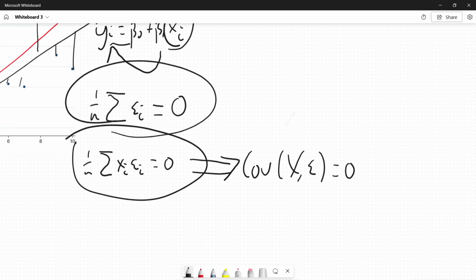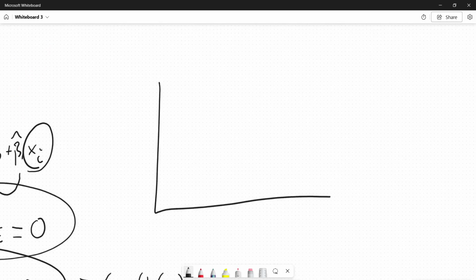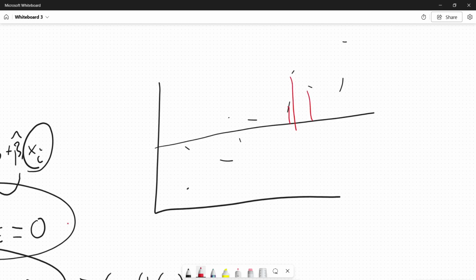So I'll give you one more picture of a line over here. Here's a scatter plot, and I'll fit this line to the data. Now, I've chosen a bad line deliberately, so I can come over here and say, look, all of these error terms are positive. The data is consistently above the line, and then over here, I've got some big negative error terms.